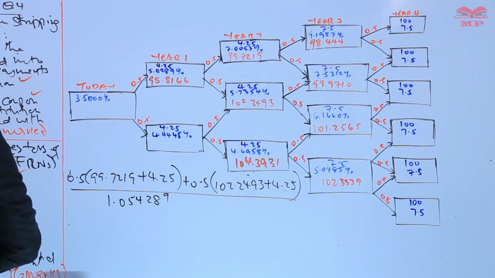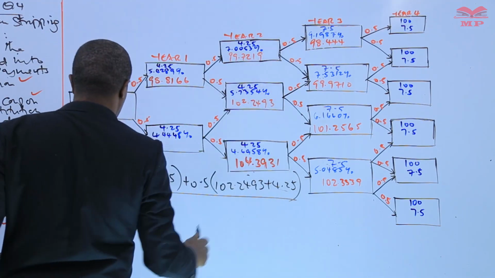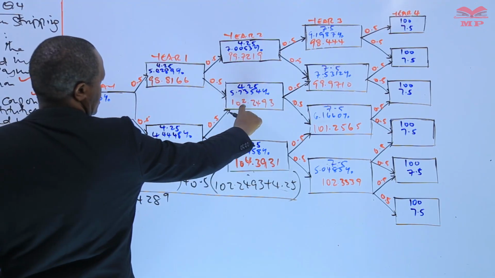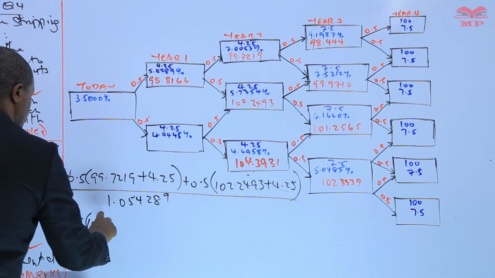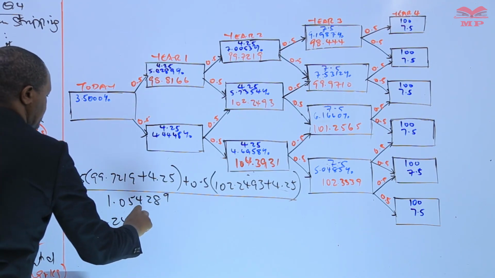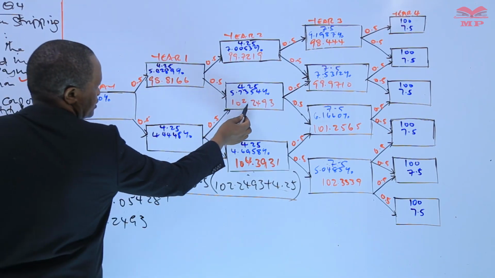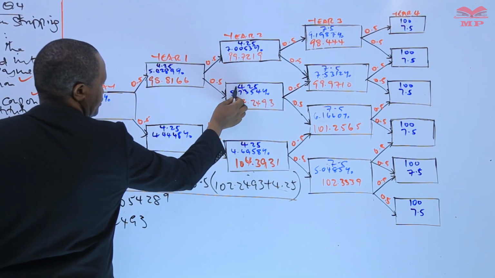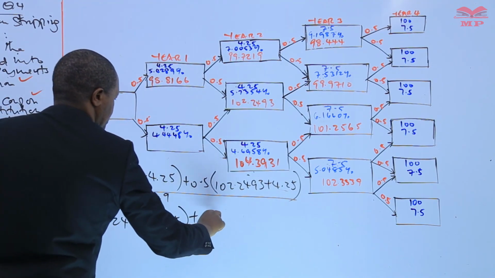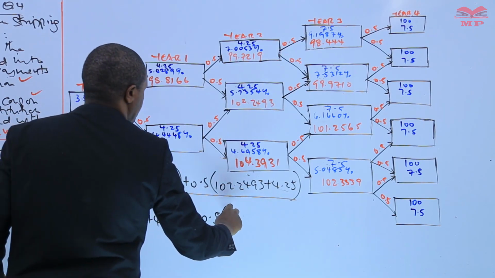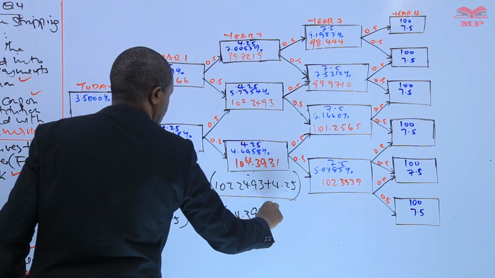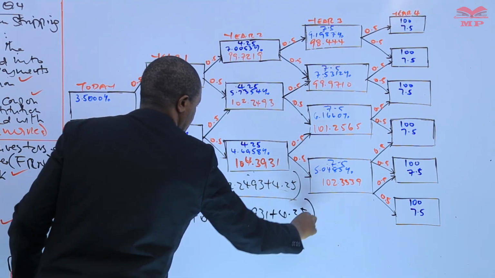Moving on, at this point we have 0.5 into 102.2493, this cash flow, plus 4.25, plus 0.5 times 104.3931 plus 4.25.